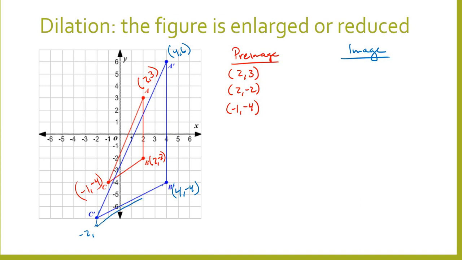Drop it down on your picture. That should have been at -2, -8. This slide that I used is not right. So 2, 3 has changed to 4, 6. 2, -2 has changed to 4, -4. And -1, -4 has changed to -2, -8.